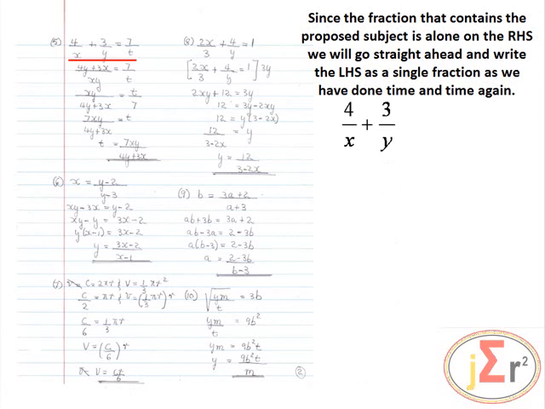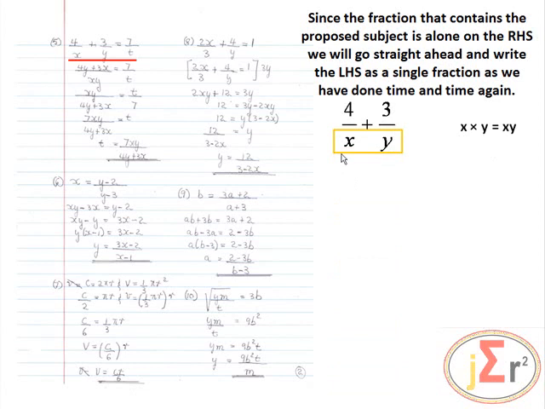And we usually say that if the denominators of fractions are exclusive, they do not have any common factor, then there is a very quick way of writing down the sum of those fractions.